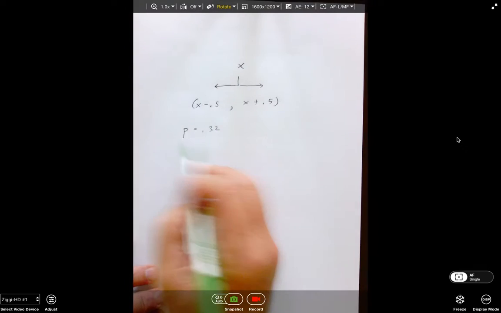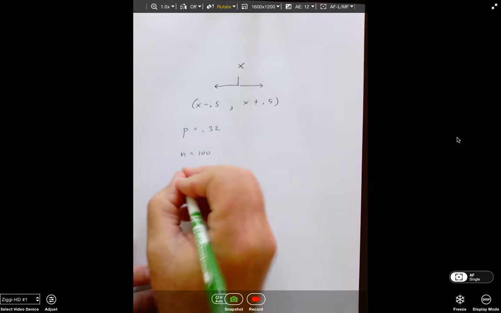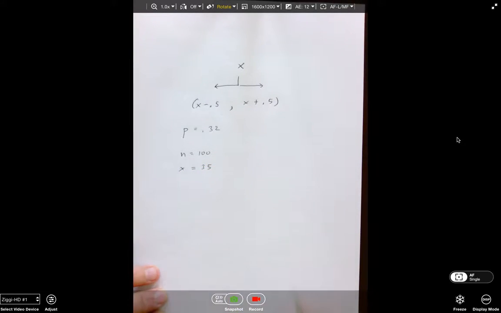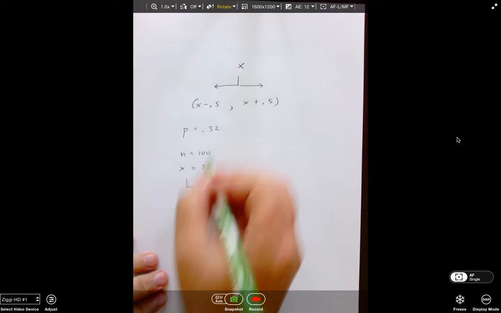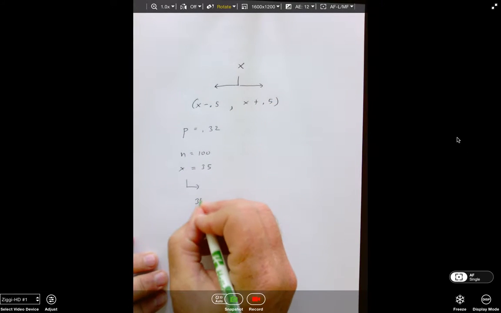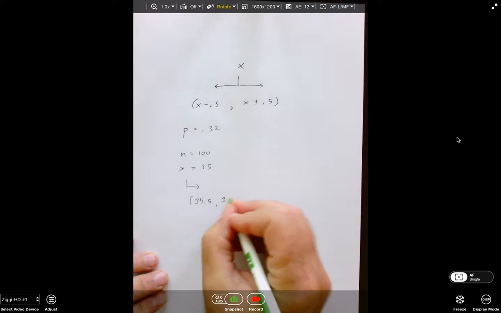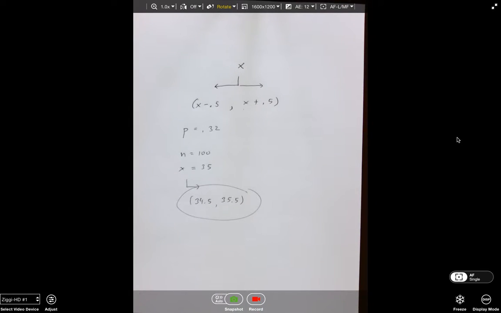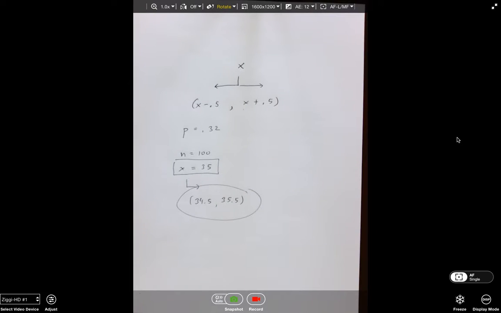I go out in this population and I do 100 trials. I find that of the 100, I had 35 successes. I have to create this interval around 35 by taking minus 0.5 plus 0.5. And my focus becomes on this interval and not the count of x equal 35.